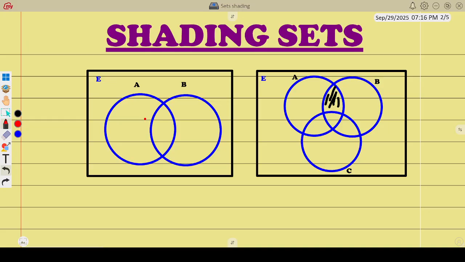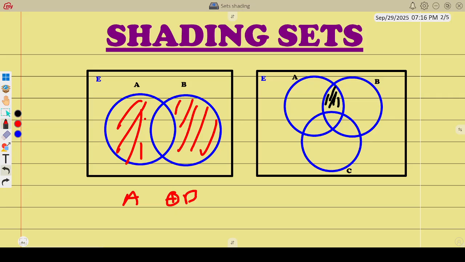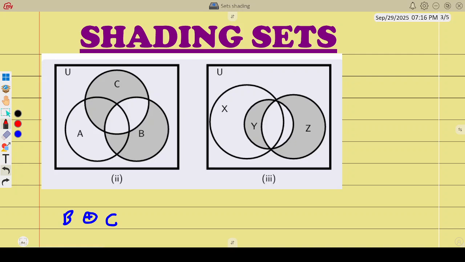Just a quick recap: if they say A plus B, it simply means the things in A and the things in B except the intersection. And this is exactly what we have: the things in A, the things in C, and the things in B, but the intersection is not shaded.